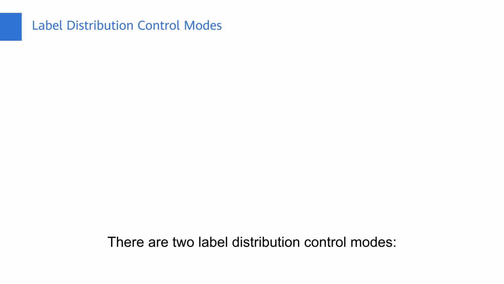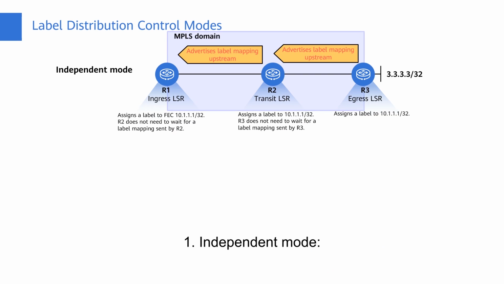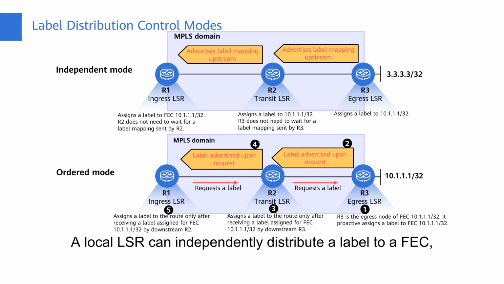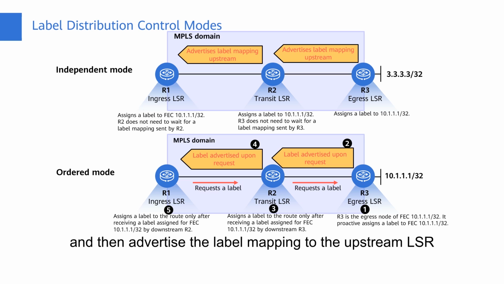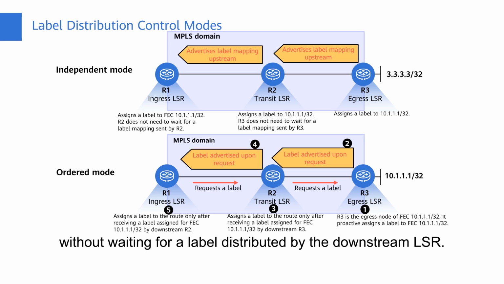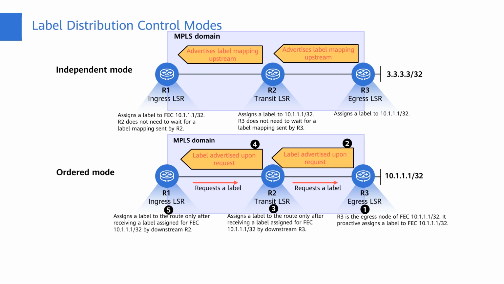There are two label distribution control modes. Independent mode. A local LSR can independently distribute a label to a FEC, bind the label to the FEC, and then advertise a label mapping to the upstream LSR without waiting for a label distributed by the downstream LSR.